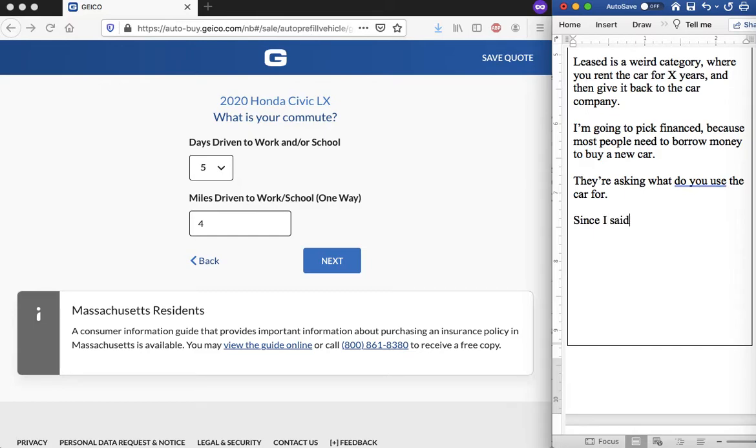Since I said I use the car to go to work or school, they want to figure out how many days I use it like that and how far I drive to get to school or work.